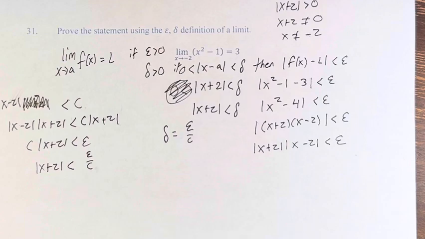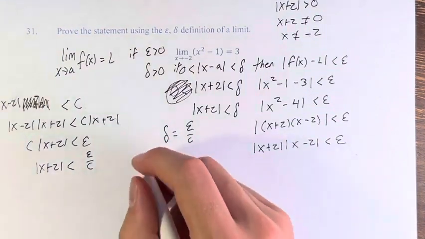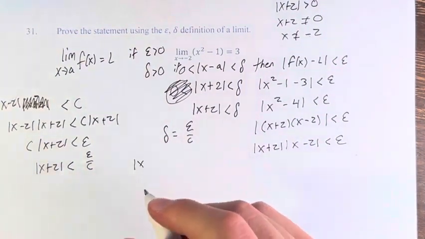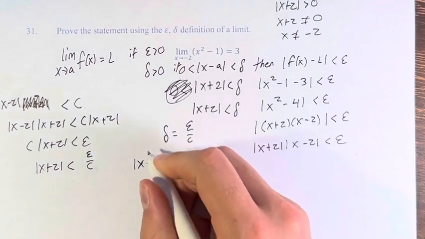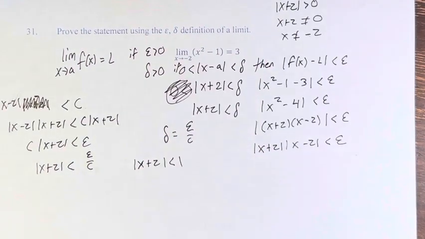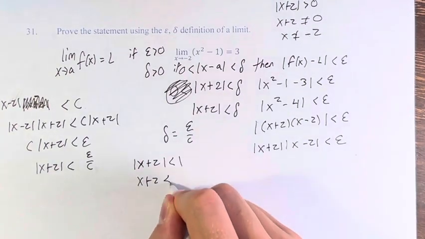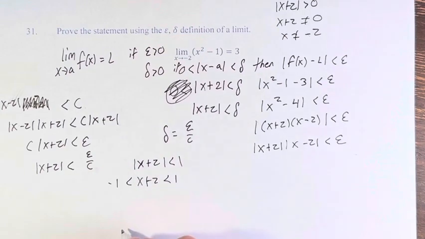However, this isn't the most helpful thing in the world because we don't know what c is. So what we're going to do is pick a particular delta and say, okay, absolute value of x plus 2, right? This is less than 1. Let's just say delta is 1. Therefore, x plus 2 is less than 1 and greater than -1.